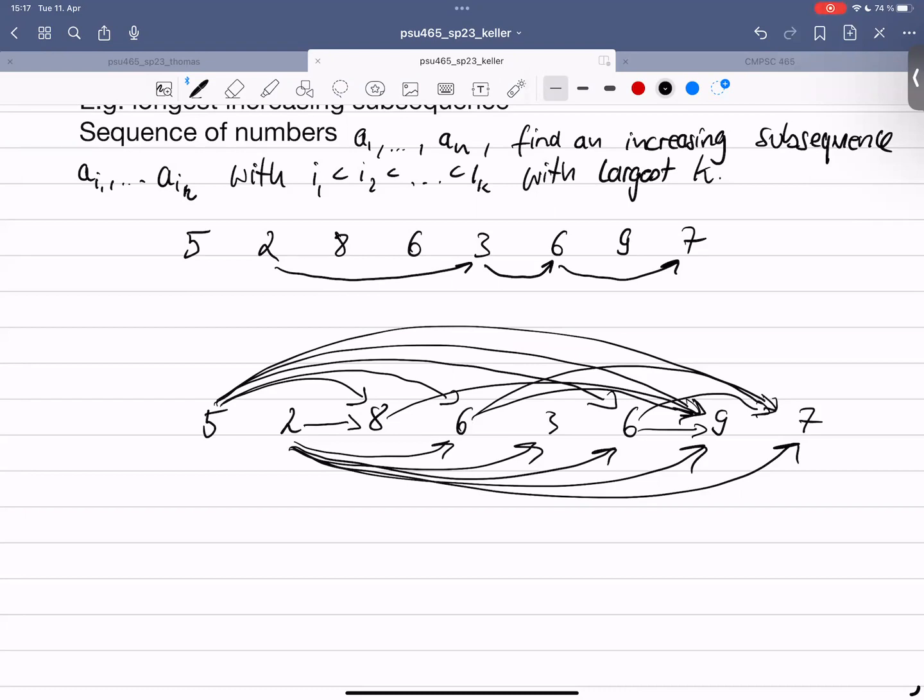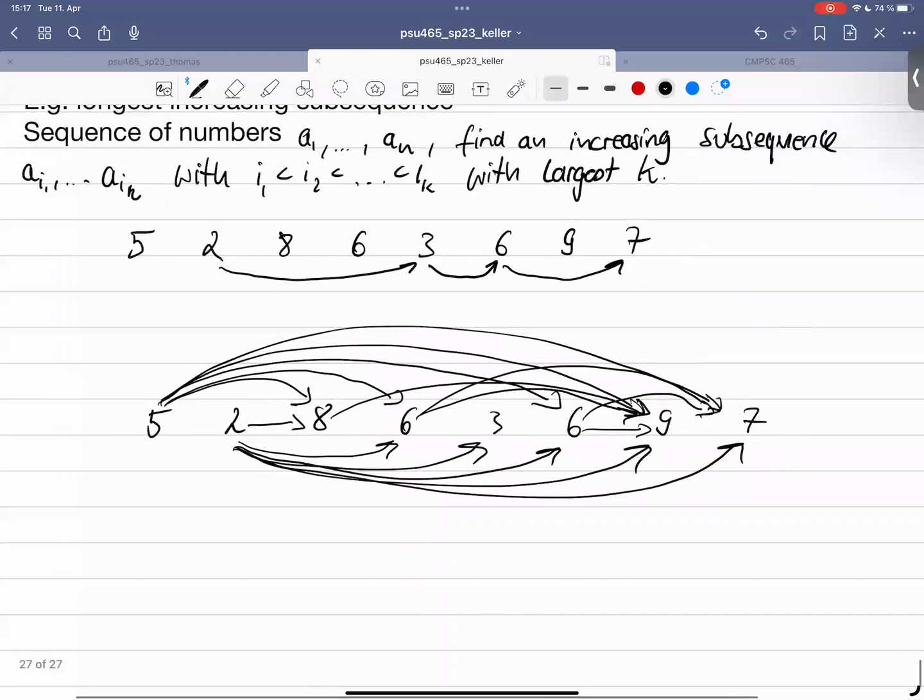And then you probably can see that every increasing subsequence in the sequence of numbers corresponds to what in this graph? So let's think about this as a graph where the numbers correspond to nodes, and they have these directed edges.